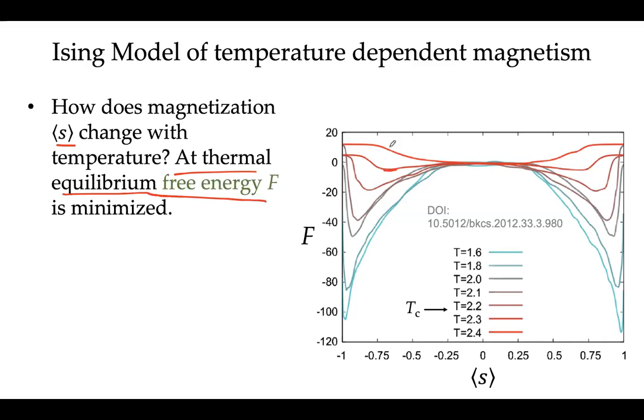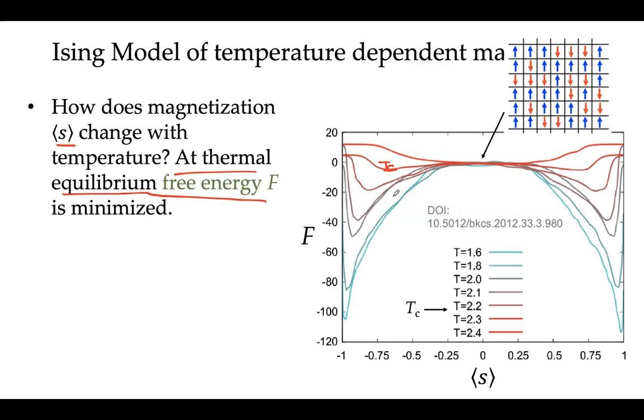Above this curve is high temperature. This is like TC, and the curves below the TC curve are the low temperature curves. You can see that F has minima at different positions depending on the temperature.